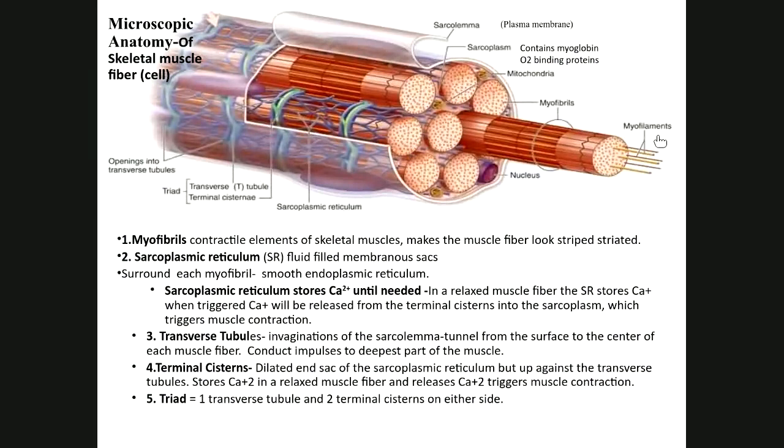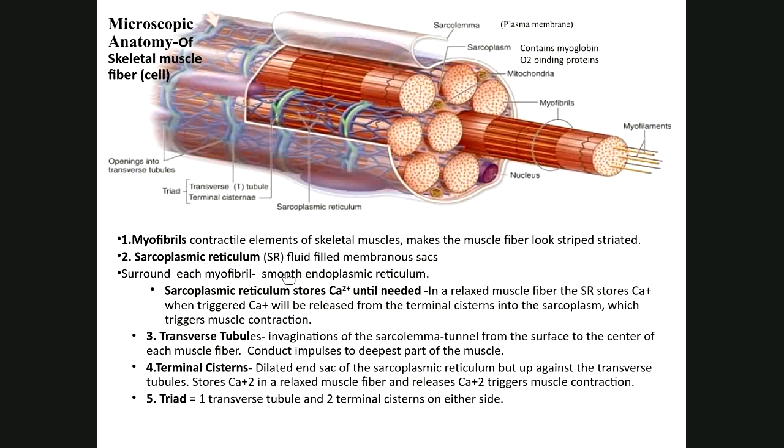So the myofibril is actually the contractile element of skeletal muscles, and we'll look into how this occurs in a minute. Some other things I want you to note around the muscle cell are these purple little bands around the myofibril. They're called sarcoplasmic reticulum, or SR. They're fluid-filled membranous sacs, and they're similar to our original cell, which was the smooth endoplasmic reticulum.